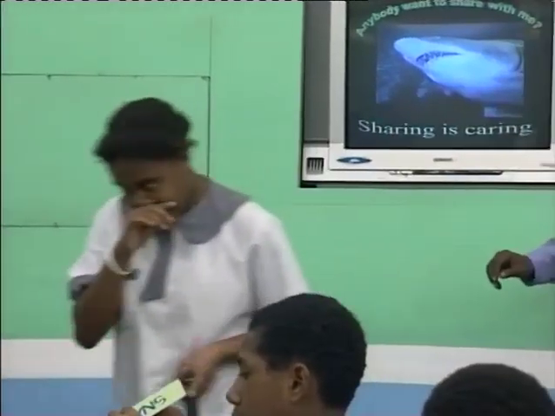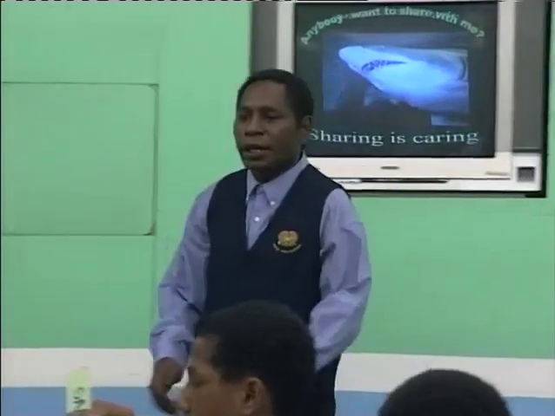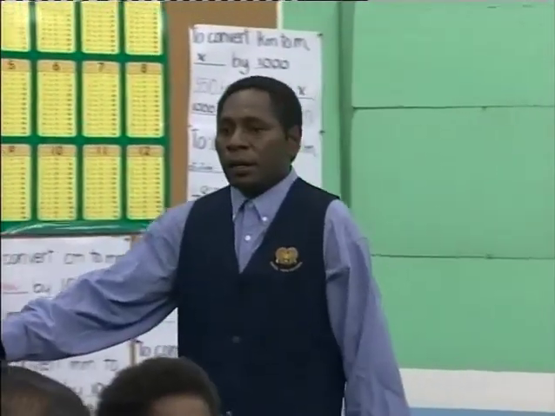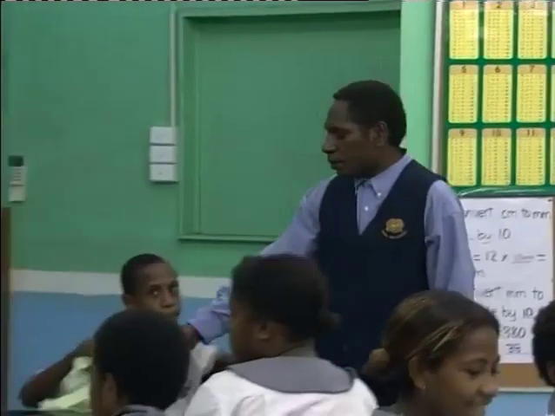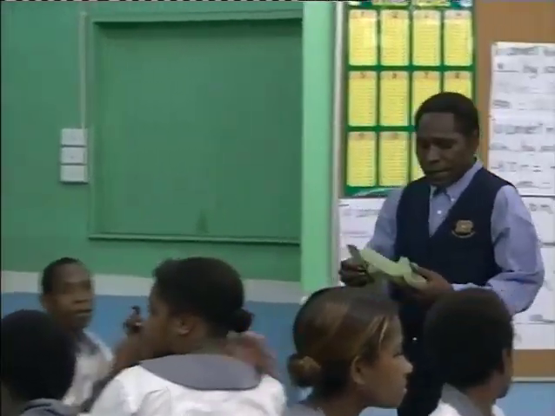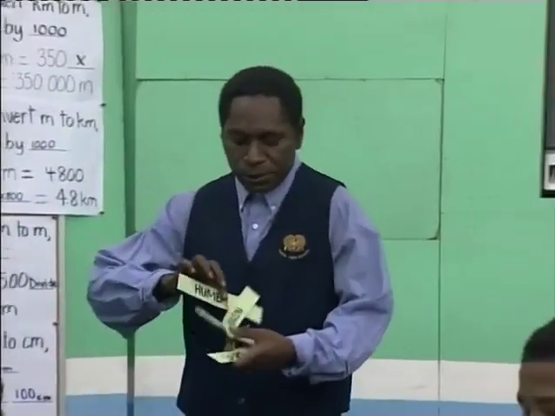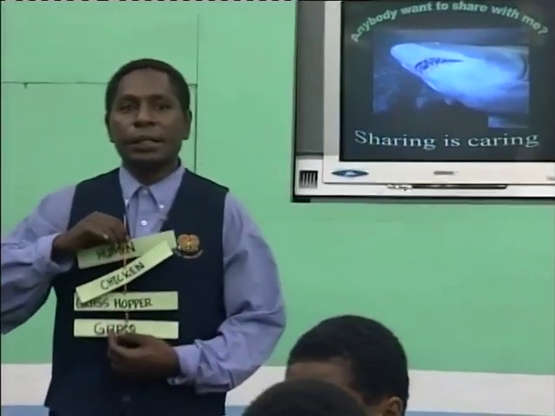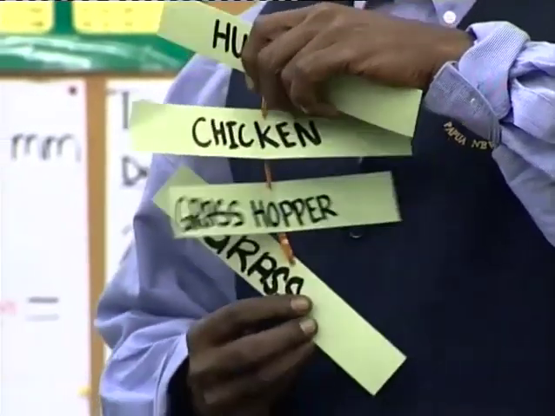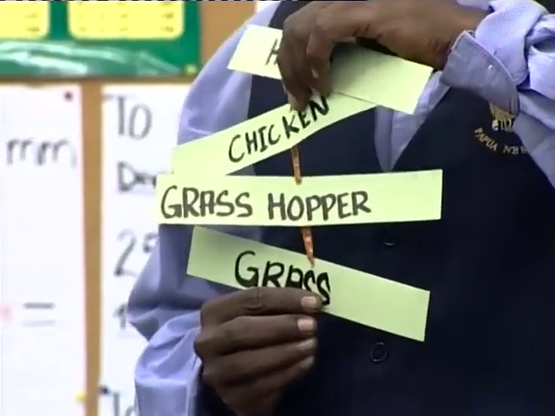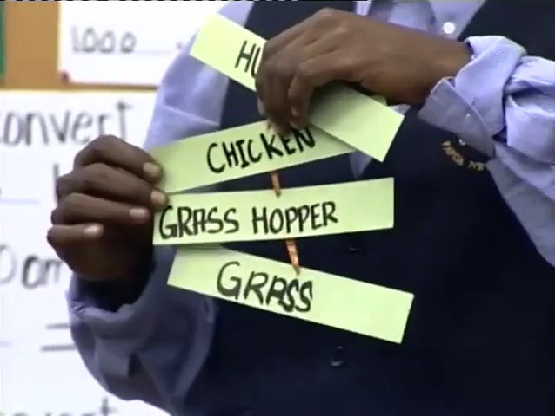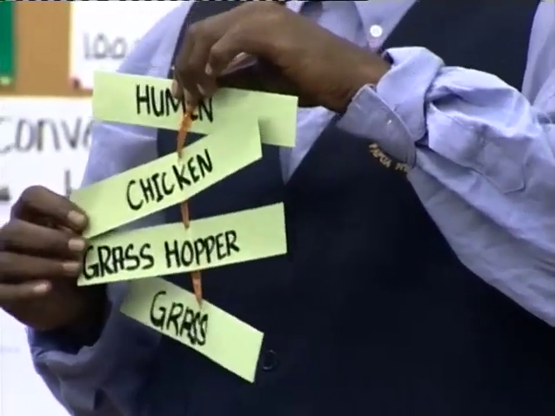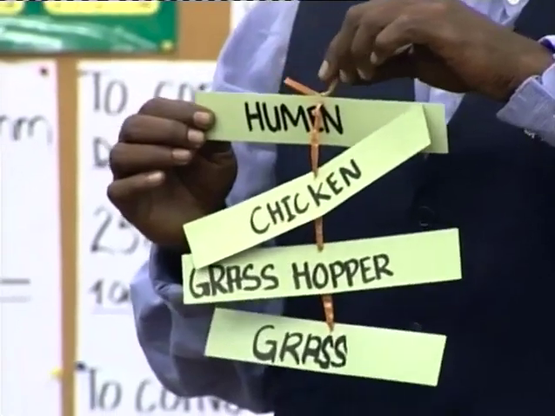Thank you very much. Julie, can I have the food chain? Okay, very good. Your food chain should look somewhat like this, receiving students and class. You should start with the producer right at the bottom there, and then your first consumer, followed by your second consumer and your third consumer.